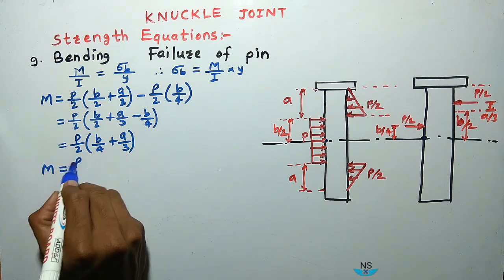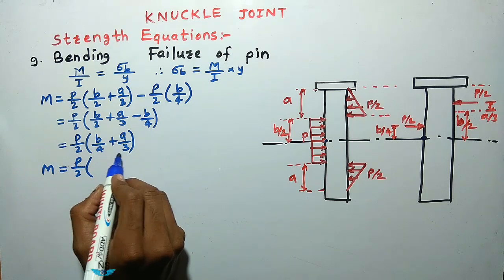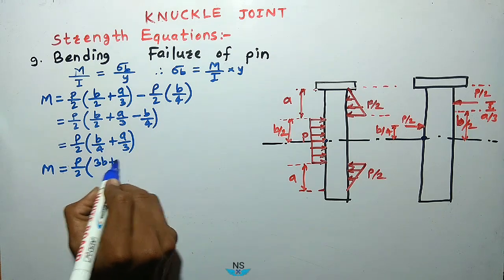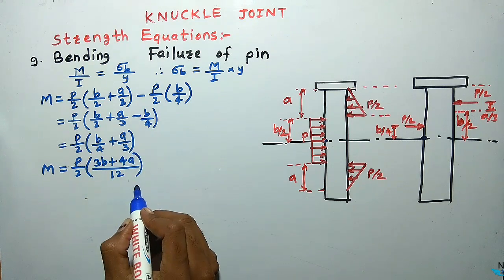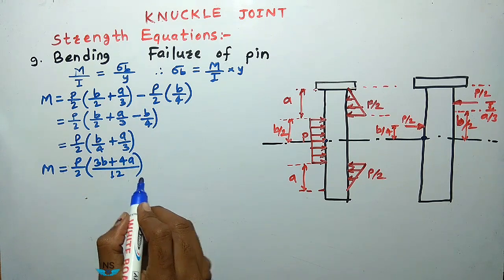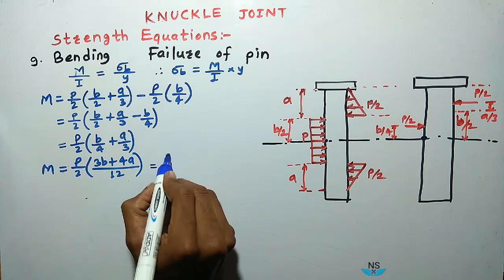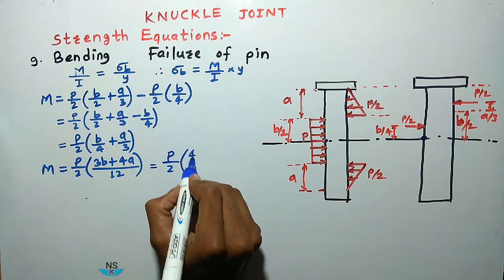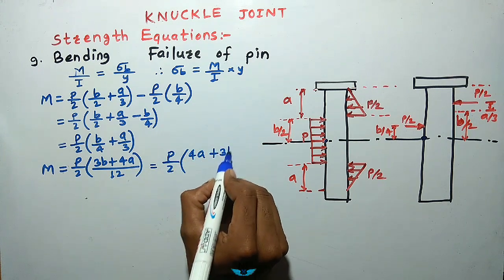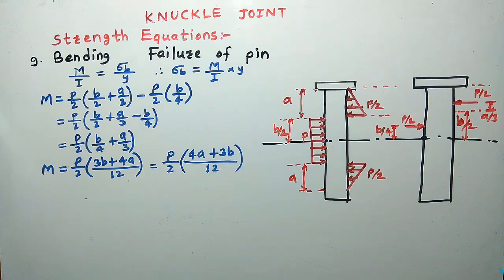Now let us simplify this. The LCM of the denominators is 12, so 3b plus 4a divided by 12. So this is M. You may write it like this: 4a plus 3b divided by 12.